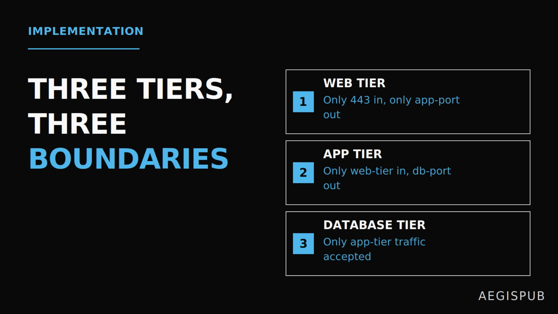The database tier has no outbound IAM permissions at all. When the application needs to call an external API, that call is routed through a NAT gateway, and the security group of the application tier is configured to permit outbound traffic only to the IP ranges of the external service, not to the entire internet.